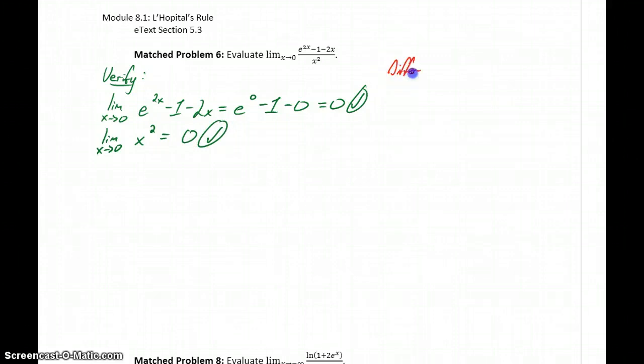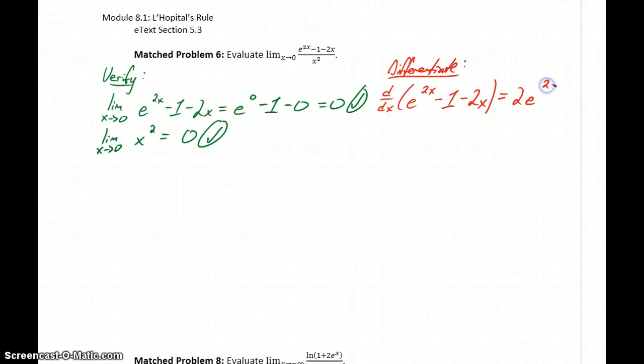So we'll differentiate the function in the numerator and the function in the denominator. We'll take the derivative of e to the 2x minus 1 minus 2x to get 2e to the 2x minus 2, and we'll take the derivative of x squared to get 2x.